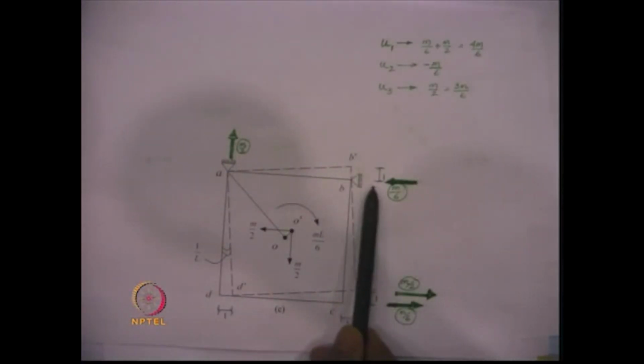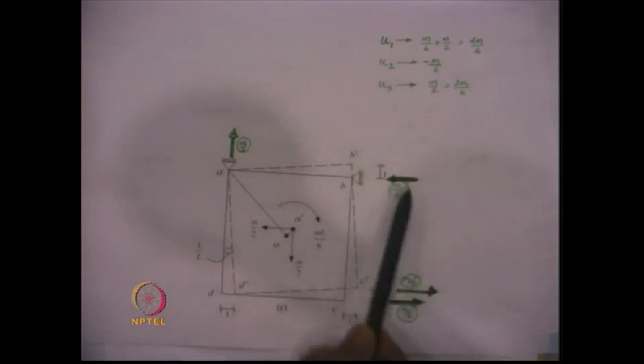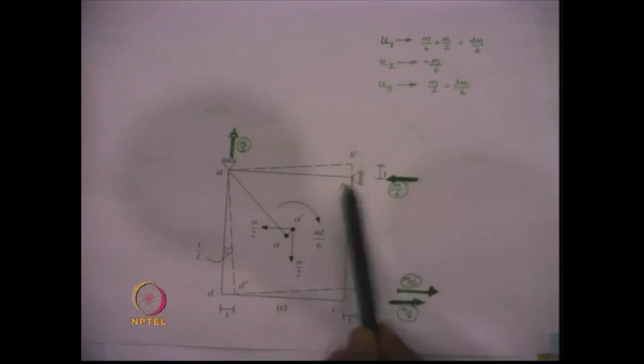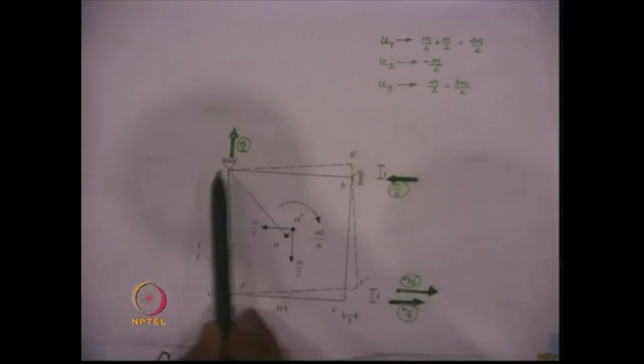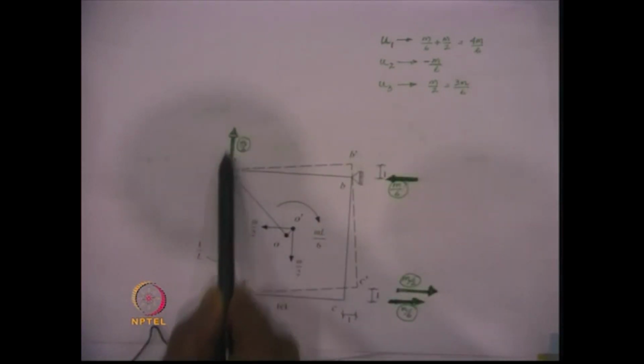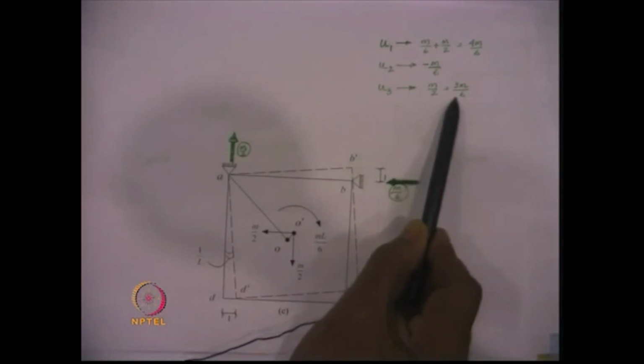The force generated in this degree of freedom, that is degree of freedom u2, becomes equal to minus m by 6, because it is moving, the force is directed opposite to the direction of the degree of freedom, and the force generated in the third direction is equal to m by 2, or we can write 3m by 6.